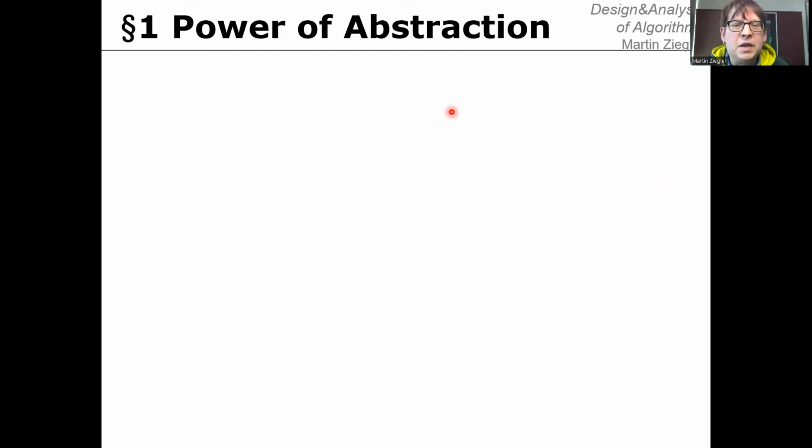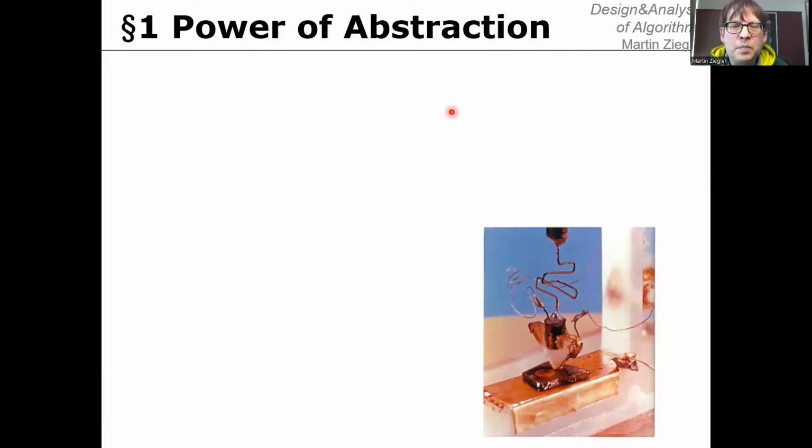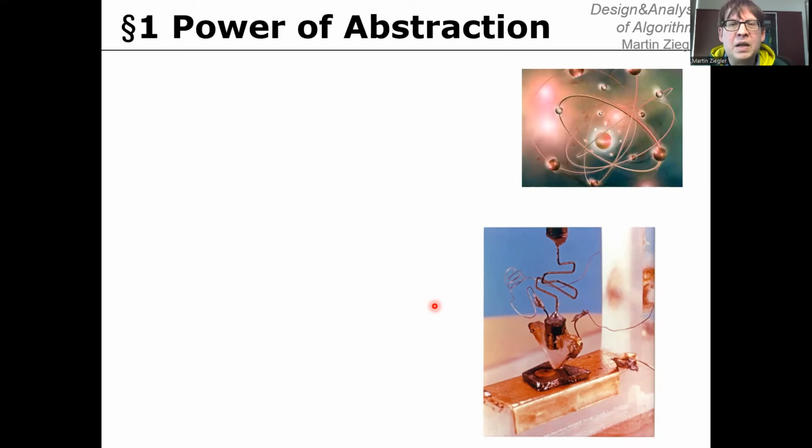And to this end, let's recall that all your computer that you have at home or in your smartphone are built on transistors. Now here you see a picture of the very first transistor, famous. And now the operation of such a transistor, it's a semiconducting device, heavily relies on quantum mechanics.